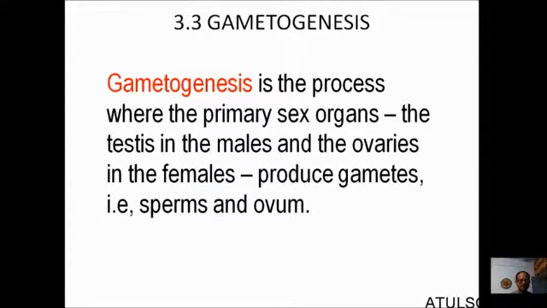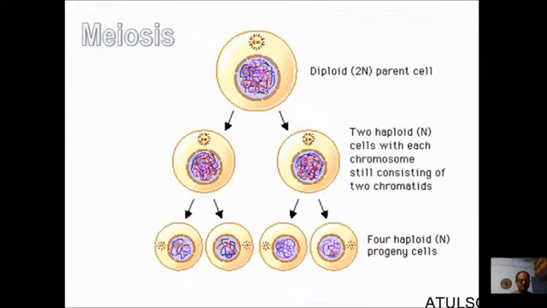So we'll take the first process. Before taking the first process, that is gametogenesis or spermatogenesis, we'll again try to revise. As in chapter 1 we have seen that the gametes are produced by the meiocytes. And what are meiocytes? These are the cells that will undergo meiosis.